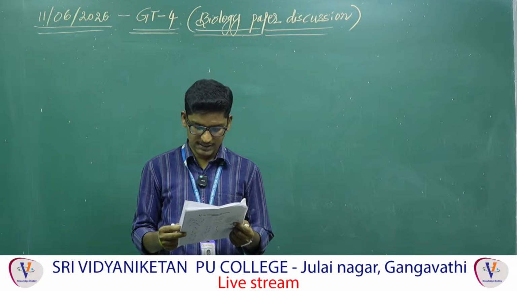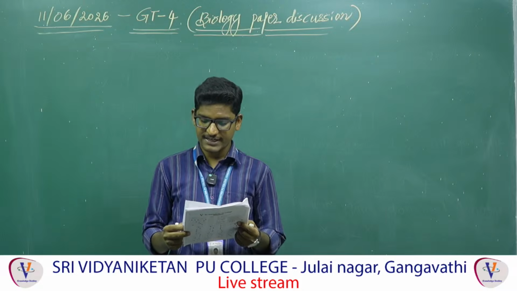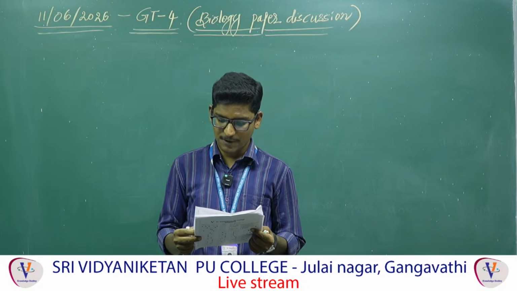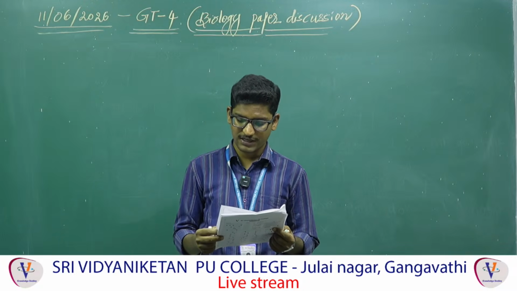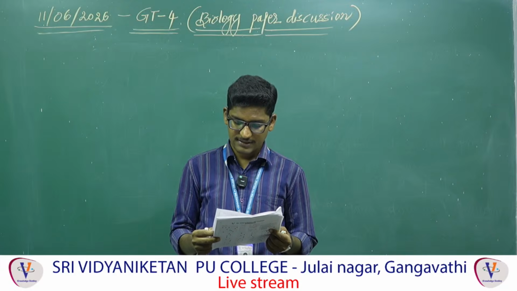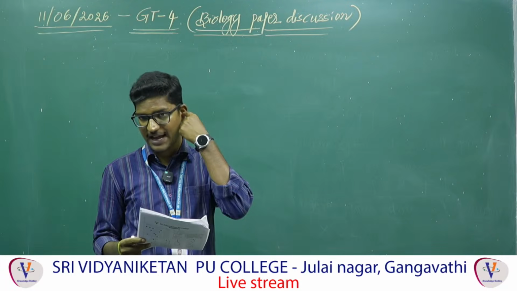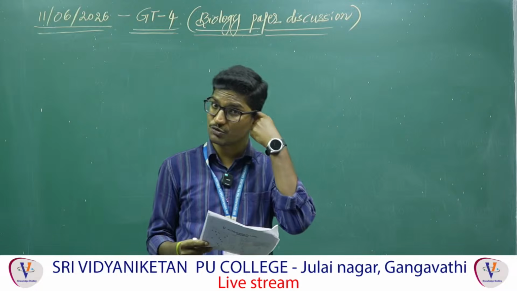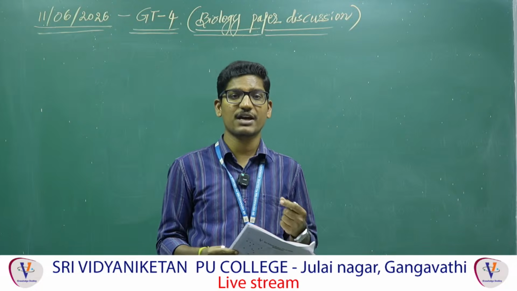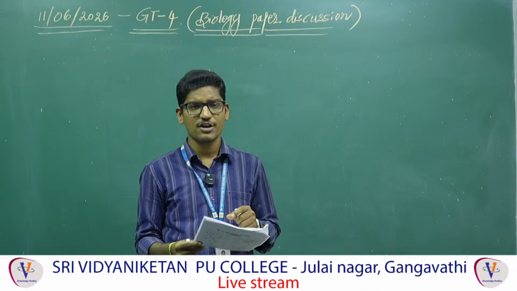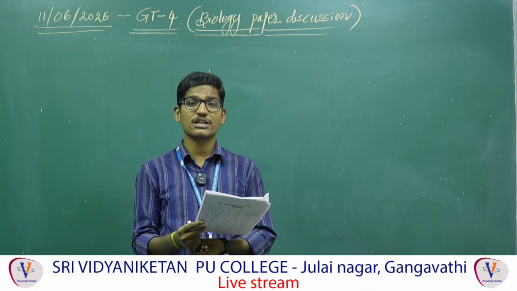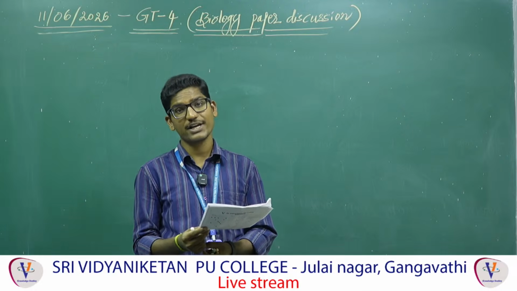Next, question number 97. They are saying a single pollen grain is sufficient to fertilize an ovule in the case of angiosperms. In angiosperms, a single pollen grain contains two male gametes. One is for syngamy, another one is for triple fusion. That is enough. Whereas in gymnosperms, within the ovule, many archegonia are there.